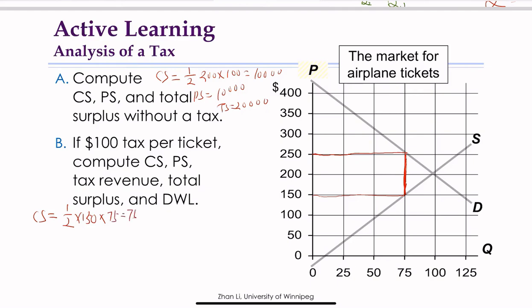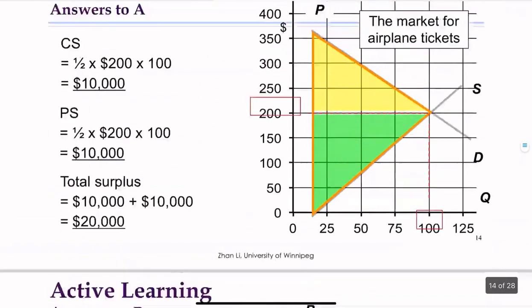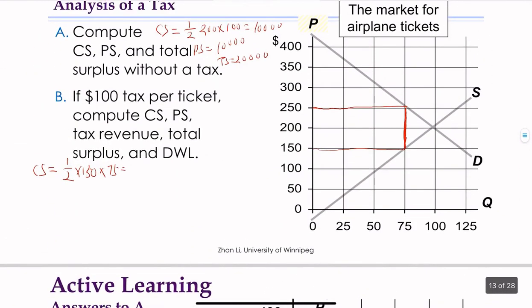Okay, let me check what's the answer here. So it's 5625. And producer surplus is 1/2 times, again, 150 times 75. So it's the same, 5625.